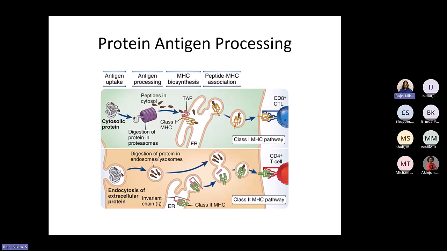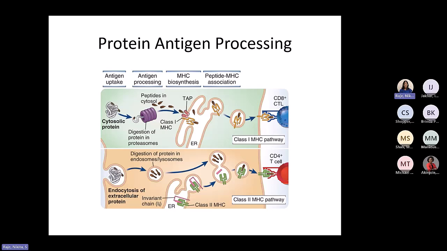The goal is, right, we have the antigen that is taken up, whether it's from the cytosolic protein or extracellular protein that is endocytosed. That's going to be processed in two different ways. Regardless of where and how it's processed, it's going to make those smaller peptides that can be attached to MHC molecules.